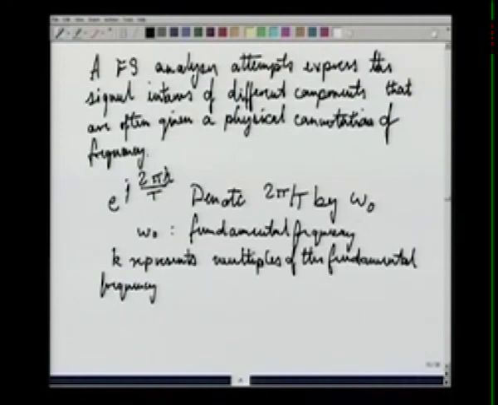So, you have increasing integral multiples of the fundamental frequency that contribute to the Fourier spectrum of any periodic x t.